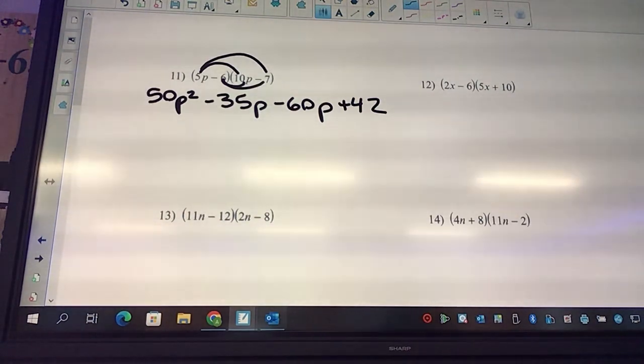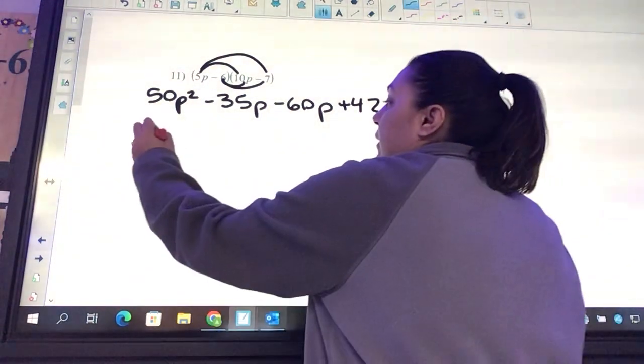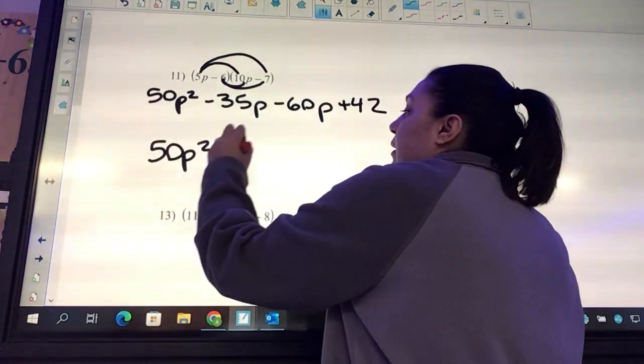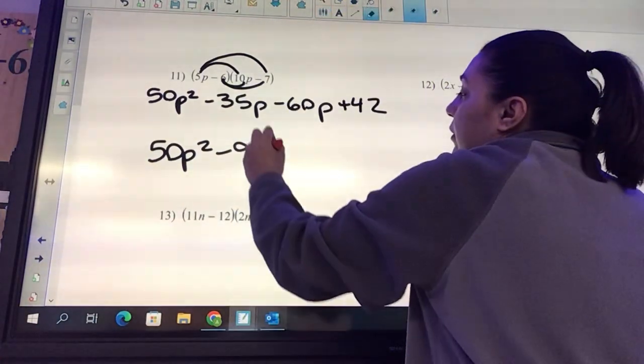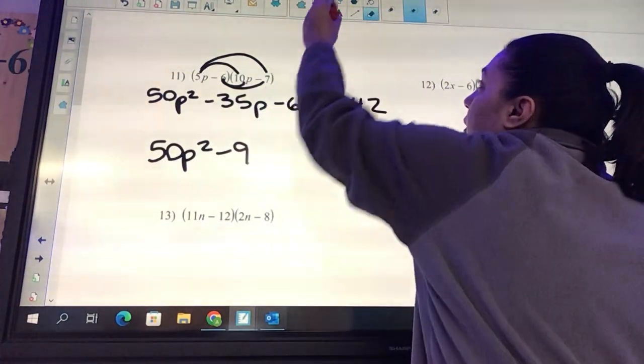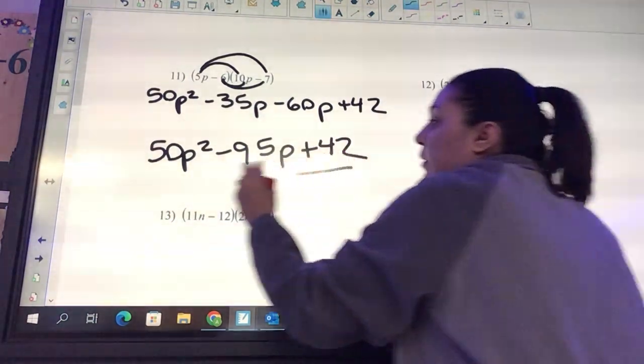And we can combine our two middle ones. What is negative 35 minus 60? Negative 95. 95p plus 42.